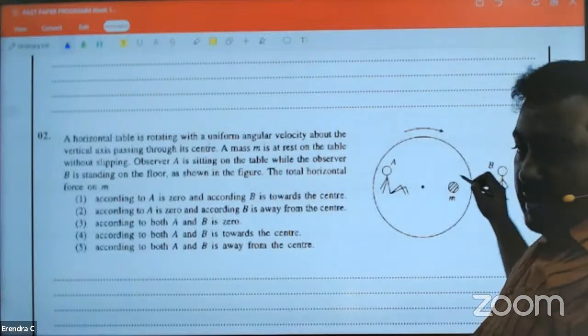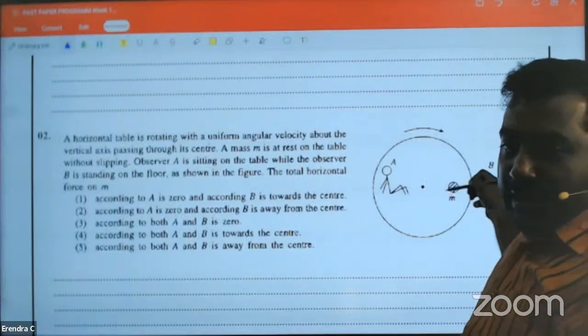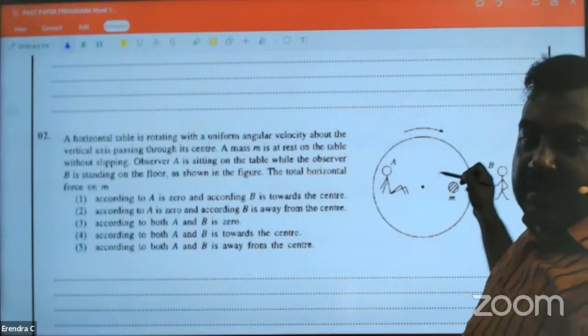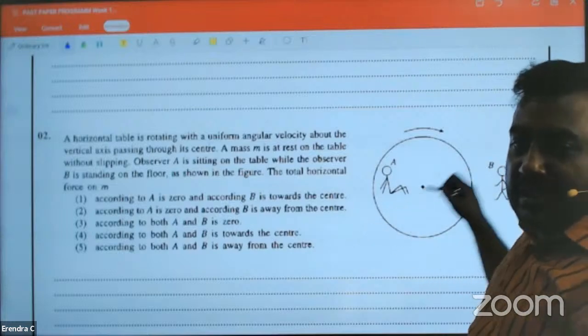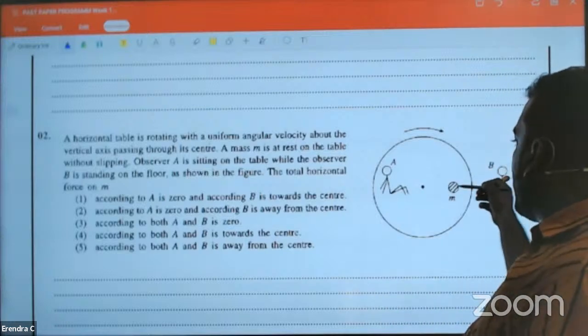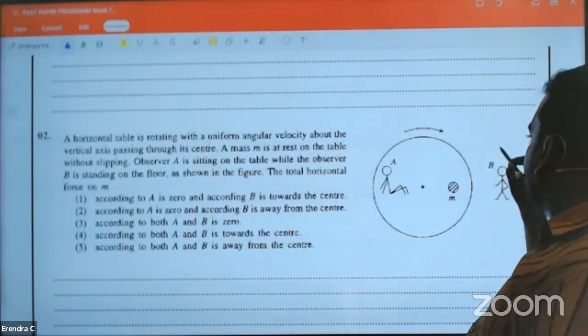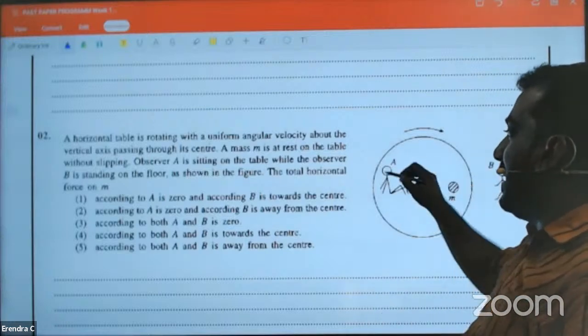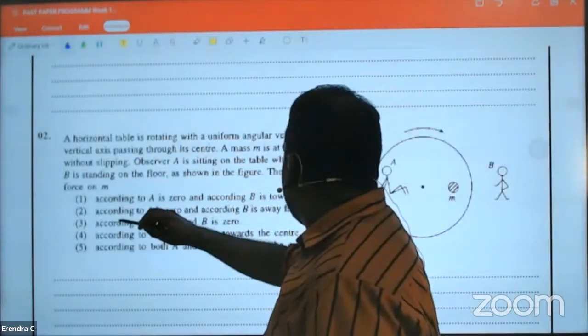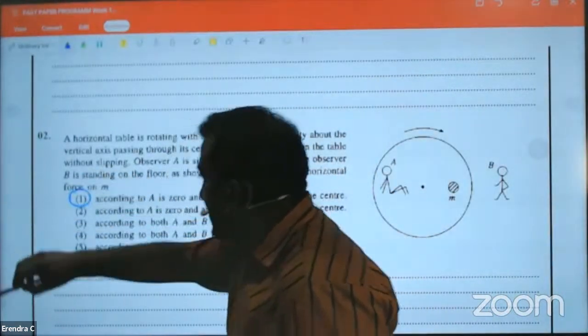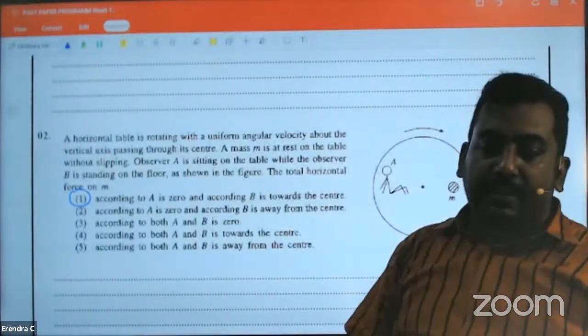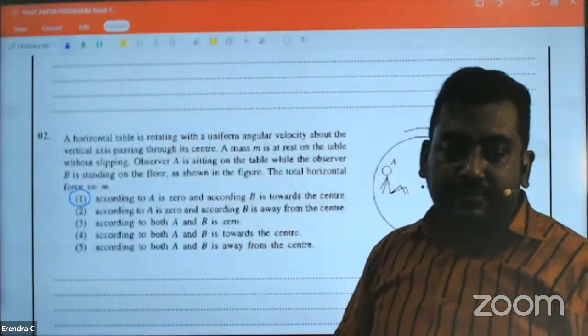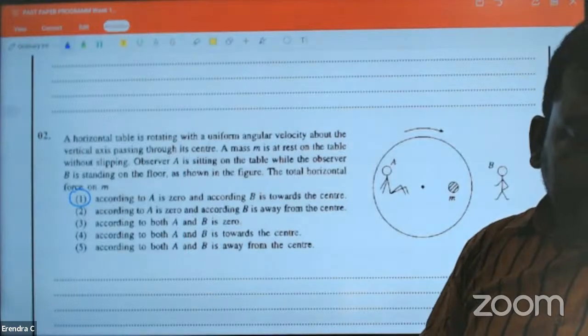But if you're outside, we know when you rotate, there should be a centripetal force. Somebody should provide the centripetal force. Who is providing the centripetal force? Friction will provide the centripetal force. So B will see a force to the center, A will see no force. Therefore, statement 1 is correct.